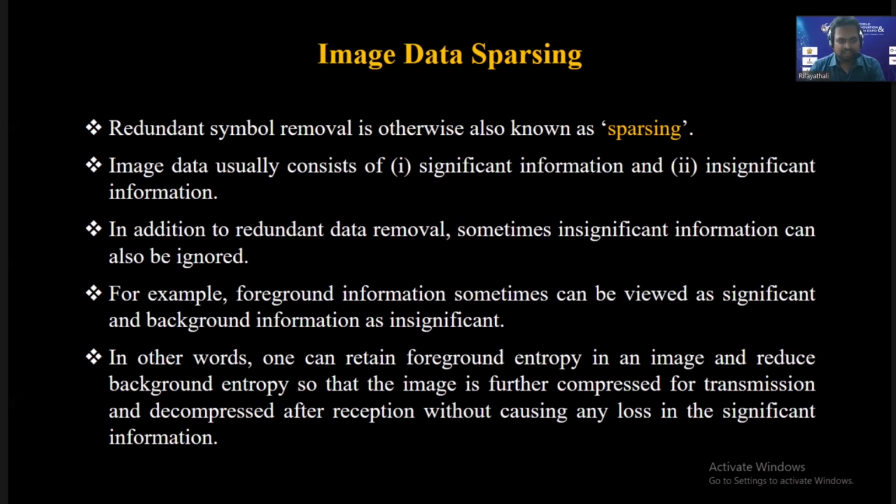For example, foreground information sometimes can be viewed as significant and the background information as insignificant. In other words, one can retain foreground entropy in an image and reduce background entropy so that the image is further compressed for transmission and decompressed after reception without causing any loss in the significant information.